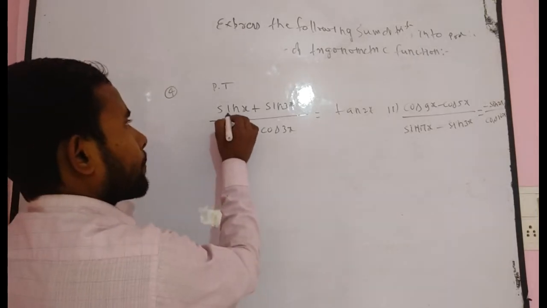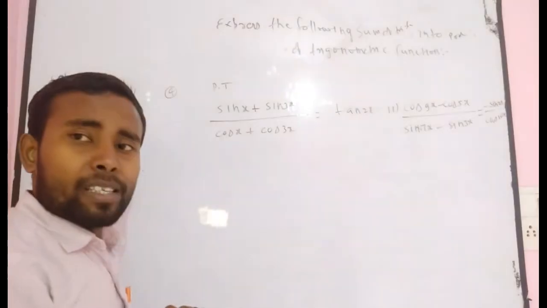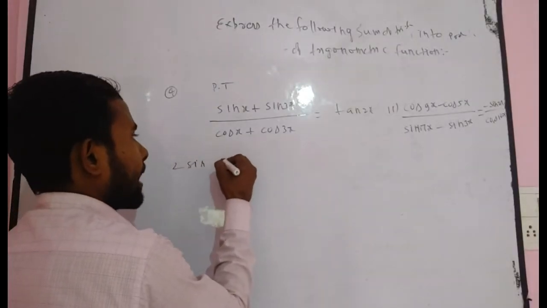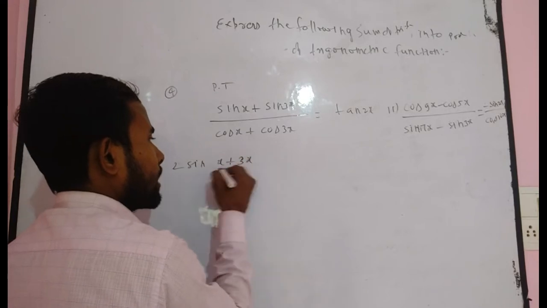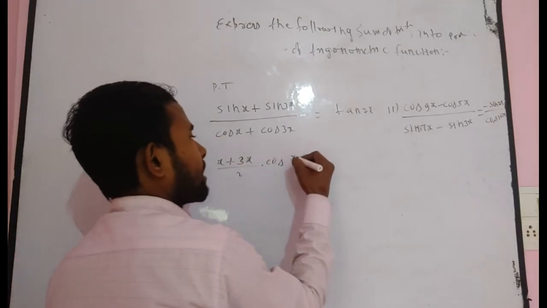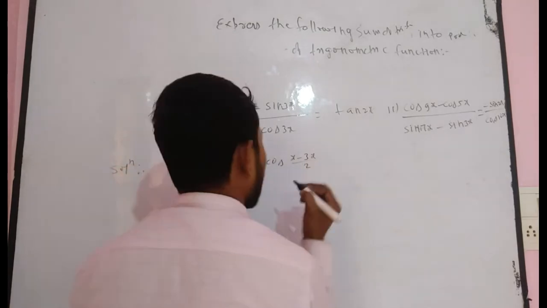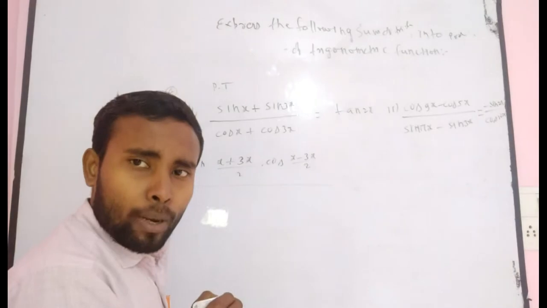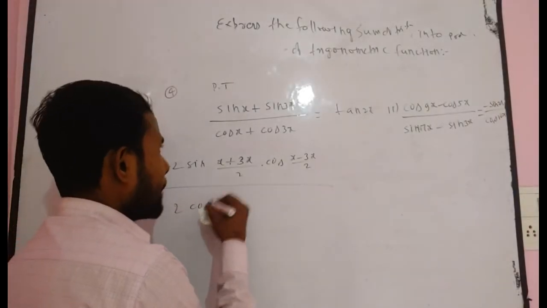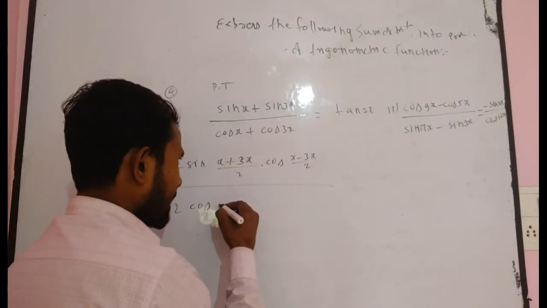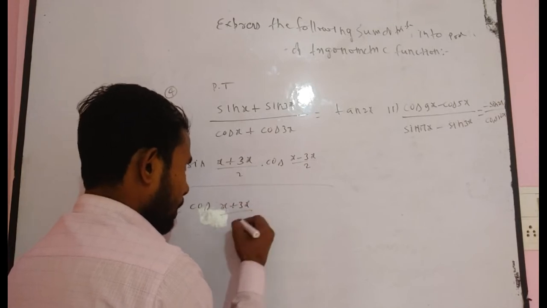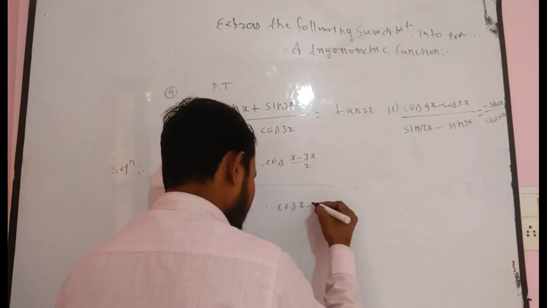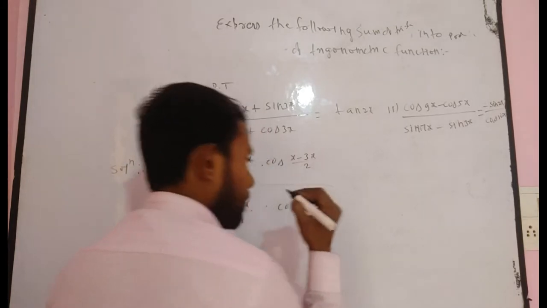as you know that sin c plus sin d is equal to 2 sin (c plus d) by 2, that means (x plus 3x) by 2, into cos (c minus d) by 2, that means (x minus 3x) by 2, divided by cos c plus cos d, which is equal to 2 cos (c plus d) by 2, that means (x plus 3x) by 2, into cos (x minus 3x) by 2.